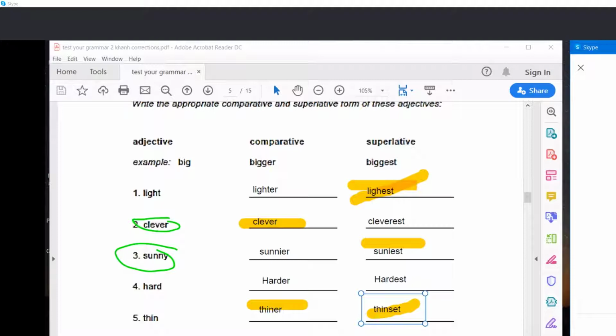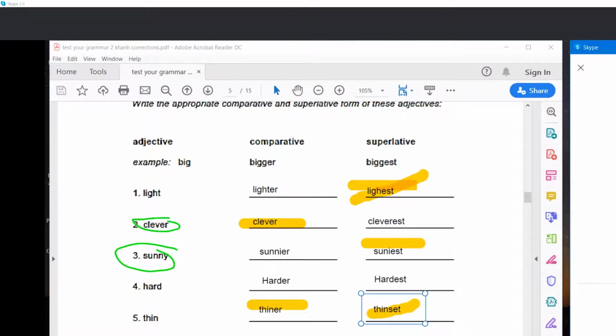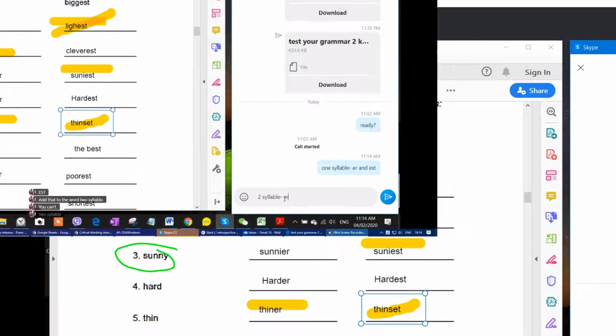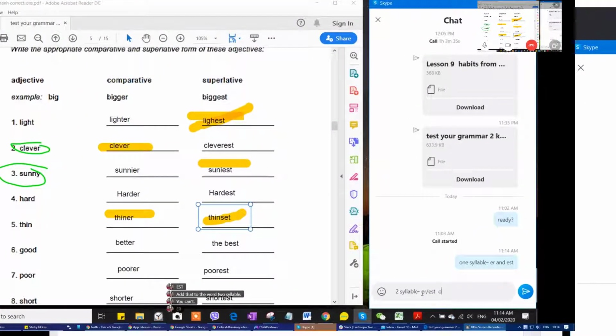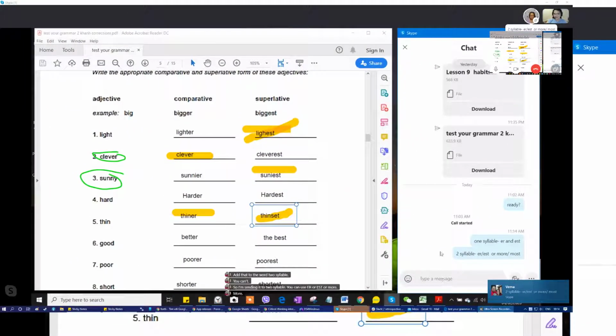All right. So first rule, one syllable, then ER and EST. You add that to the word. Two syllables, you can use ER or EST or more, most. That's the second rule in superlative, okay?